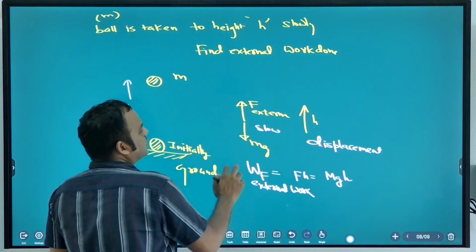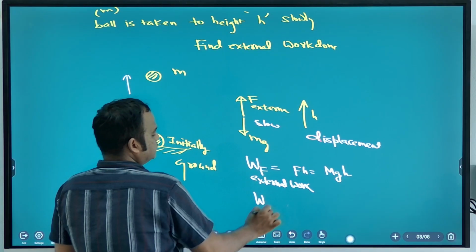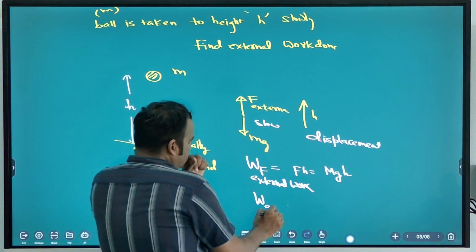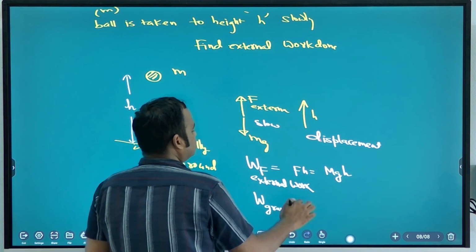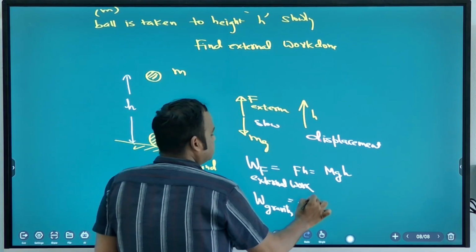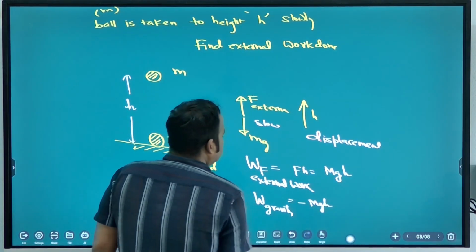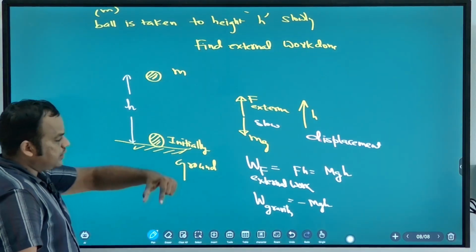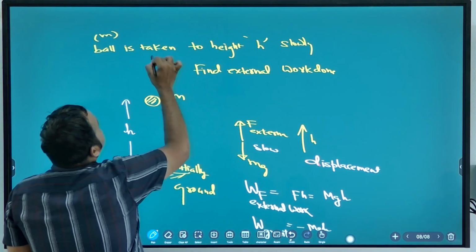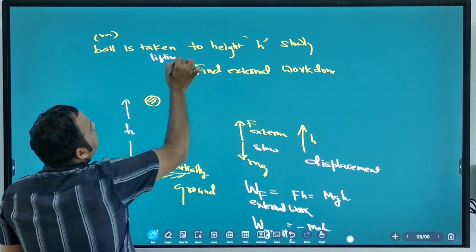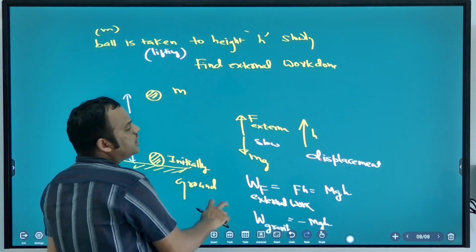And what is the work done by gravity? Minus mgh. Good. So when you are lifting something up, gravity is doing negative work.